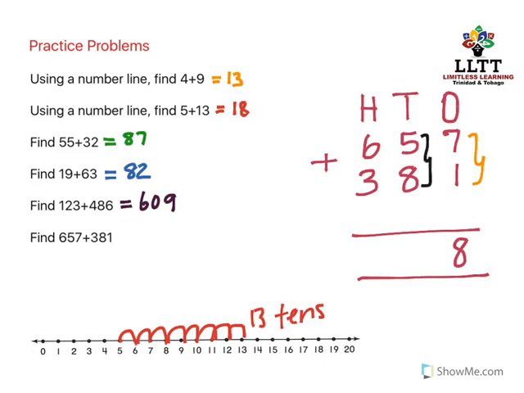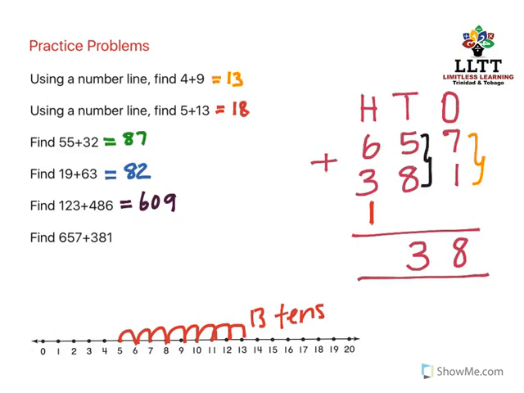So 13 tens means that I'm putting 3 in my tens place, and that 1 from the 13, I am adding it to my hundreds column.